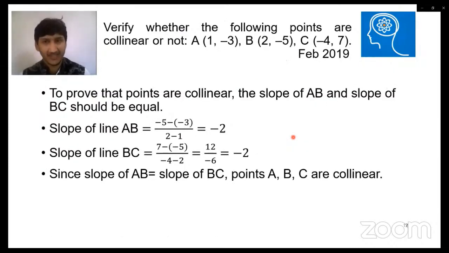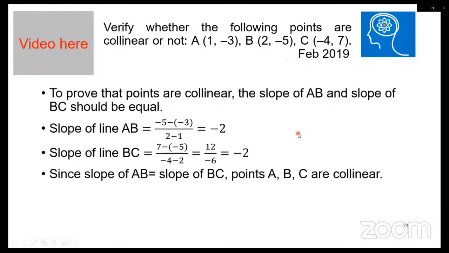Another example, जे फेब्रुवारी 2019 मध्ये विचारलं गेलं होतं. Verify whether the following points are collinear or not. आता आपल्याला असं विचारलं गेलंय की हे पॉइंट्स कोलिनियर आहेत का नाही. 3 पॉइंट्स दिले आहेत, तिघांचे कोऑर्डिनेट्स दिलेले आहेत. कसं करणार बघा.